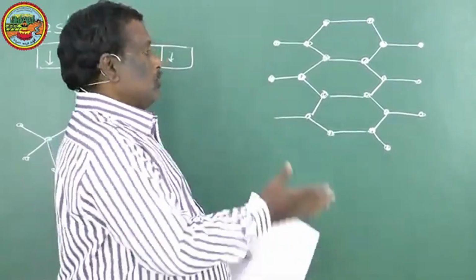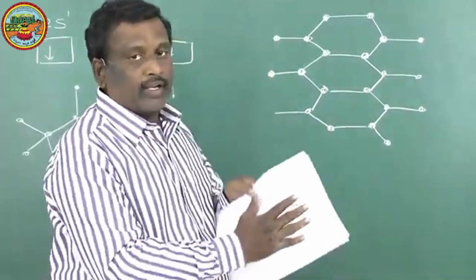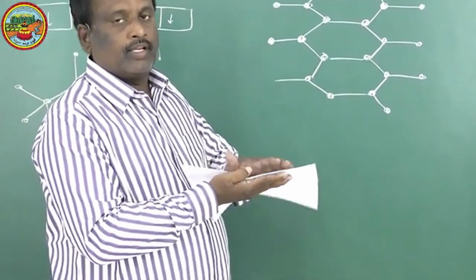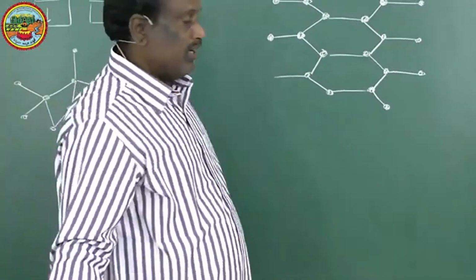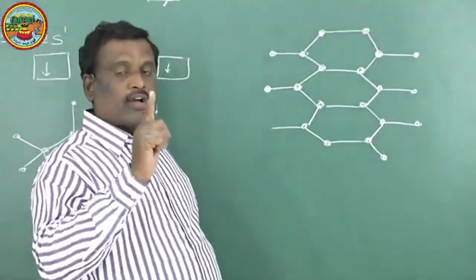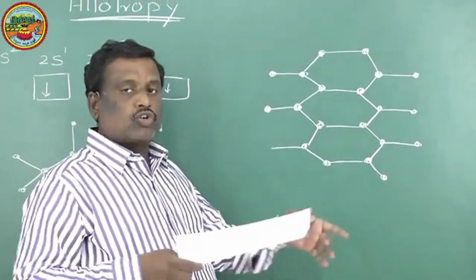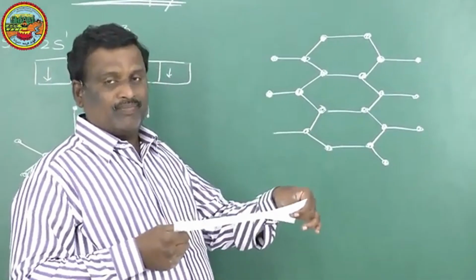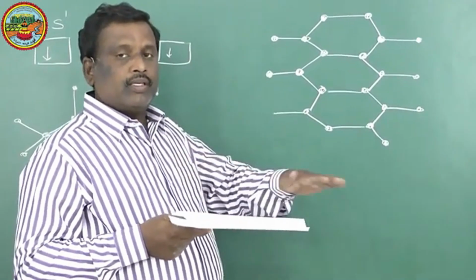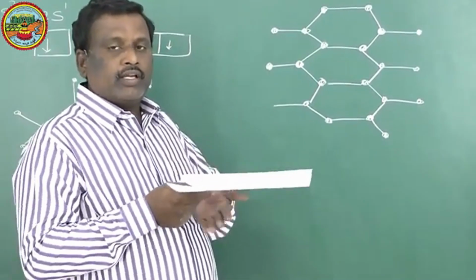That's why, though it is used as a lubricant because of its slippery nature, its boiling point is nearly 2000 degrees centigrade. The high boiling point of graphite is because of the strong bonds within the layer. The slippery nature is because of the weak interlayer forces.